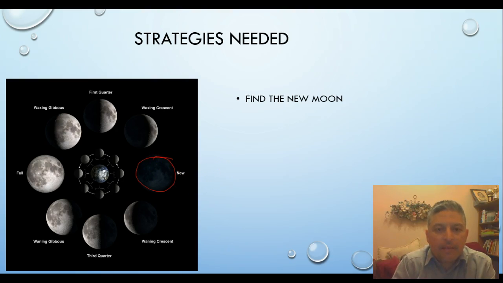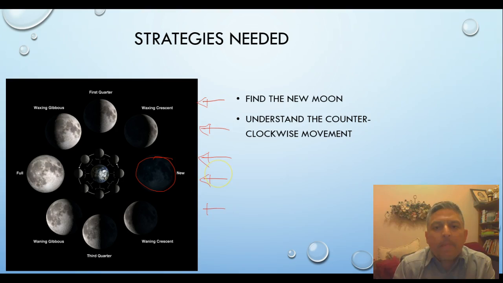That means that you will have the sun coming from this side. Sunlight is coming from the right. So I'm going to put a couple of arrows to display it. Understand the counterclockwise motion or movement of the moon around the Earth. So we know that the moons move in this direction.